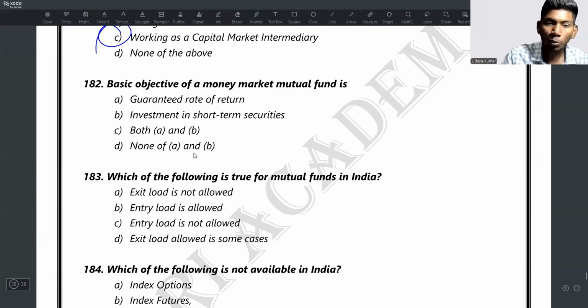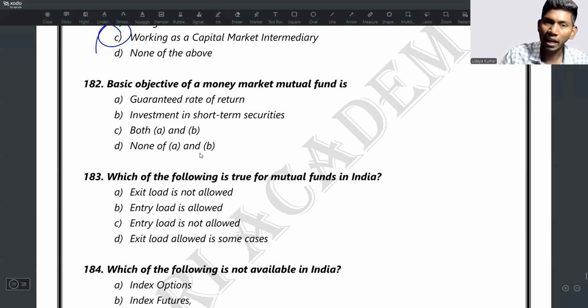Okay. So moving to the question 183. Usually if you look in India, entry load, which is a charge on buying units, is generally not allowed by SEBI. While exit load, which is a charge on selling units, is allowed in certain cases, especially if investors redeem their investments before a specified period.